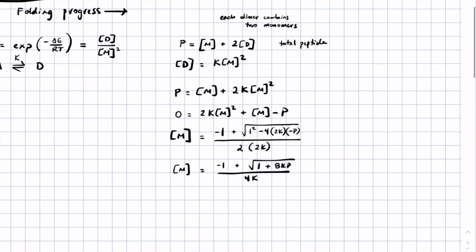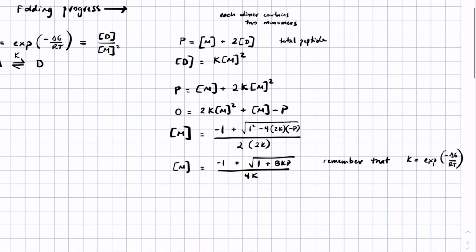Now I'm not going to substitute in that expression for the equilibrium constant, which is just the number e raised to the power of minus delta G over RT. And remember, delta G is something that we're going to calculate. We're also going to remember that P is the total peptide concentration.